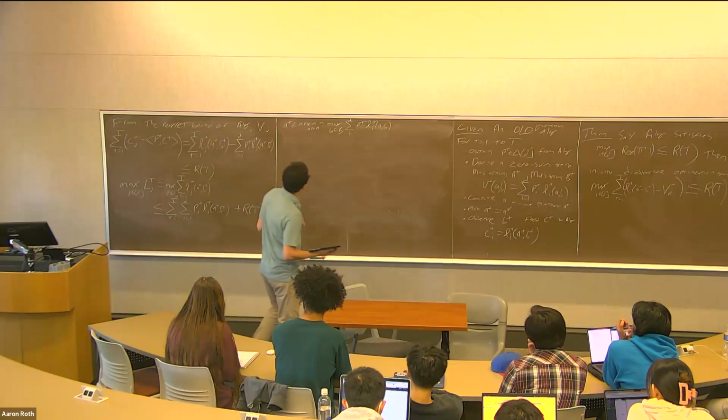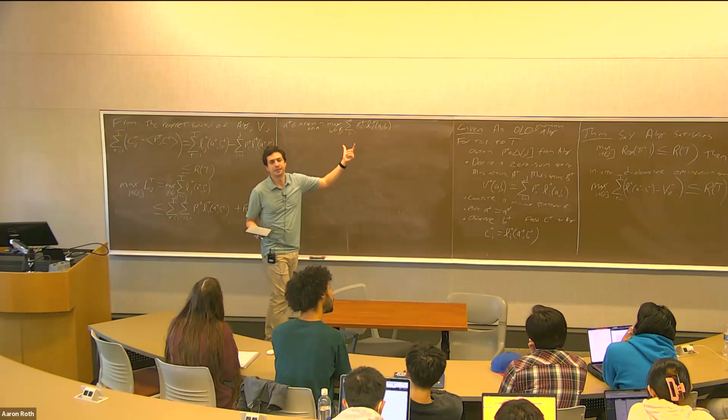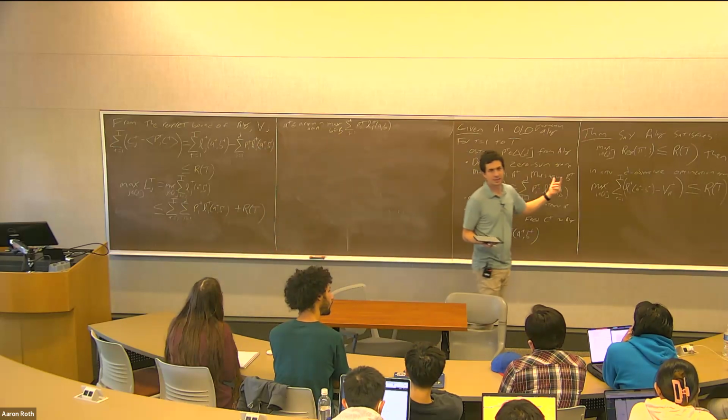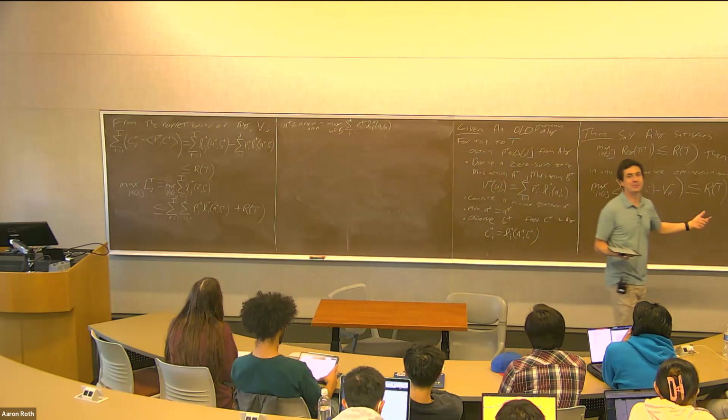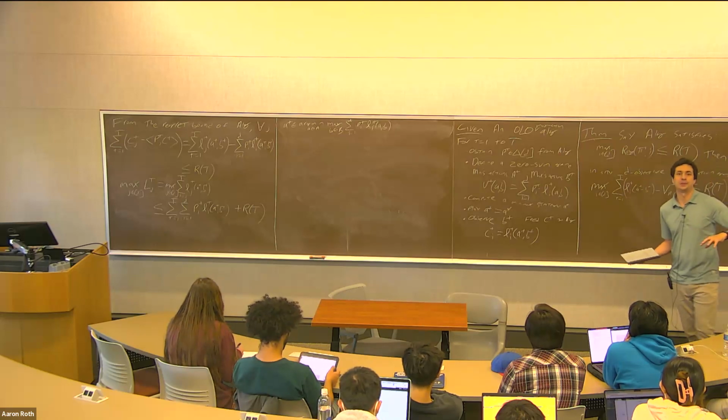So to continue the analysis, we'd like to figure out what the min-max value of this game is. Because the min-max theorem applies, it is enough to figure out the max-min value of the game.